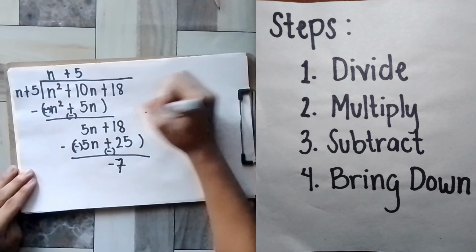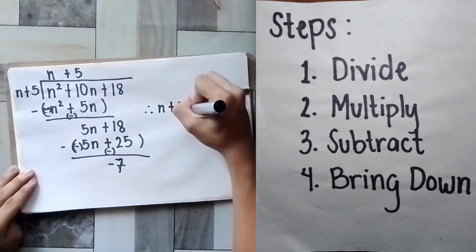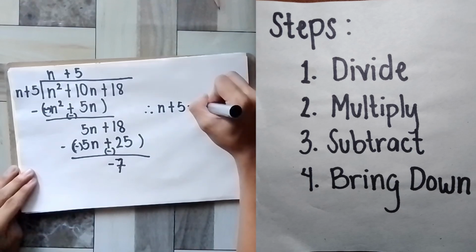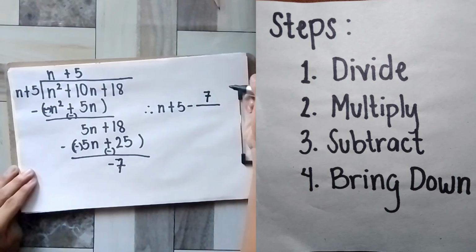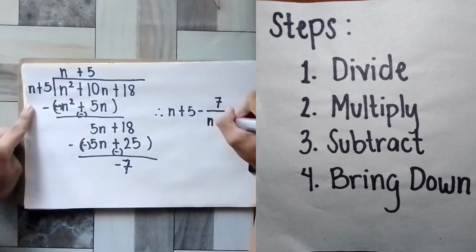Therefore, the answer of this equation is n plus 5, minus 7 over our divisor, n plus 5. Let's have another example.